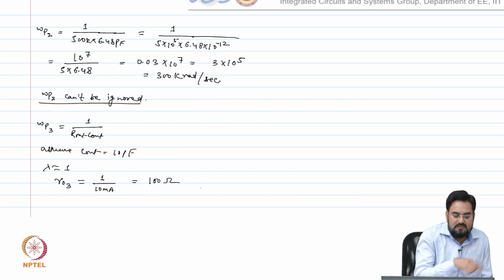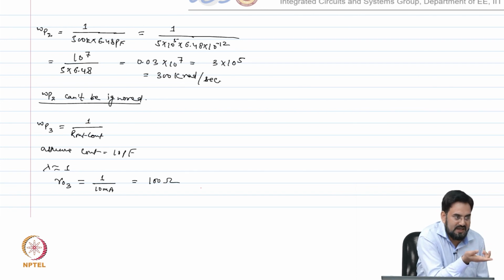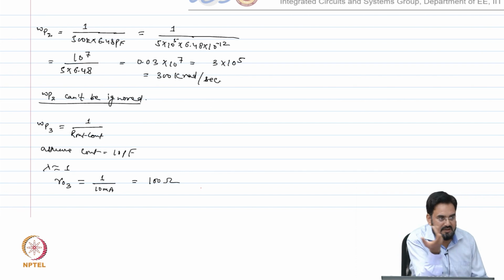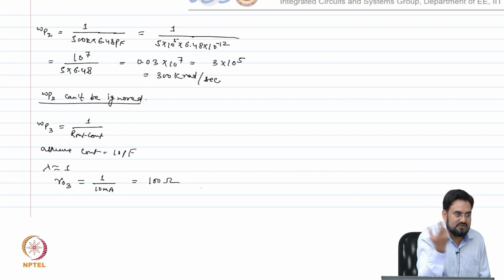Now in the load, if you consider a resistive load, then you have to take it in parallel. If you don't consider the resistive load, then that will be very high. Let's say it's a current load. In the current load, the resistance looking into the drain might be much higher, because you don't know what kind of current source will be there.